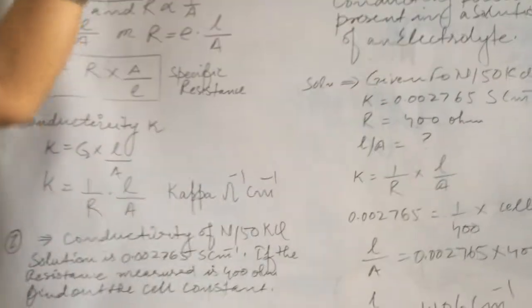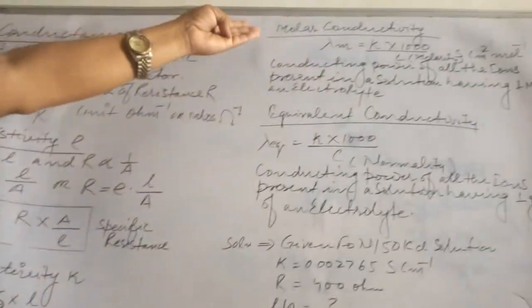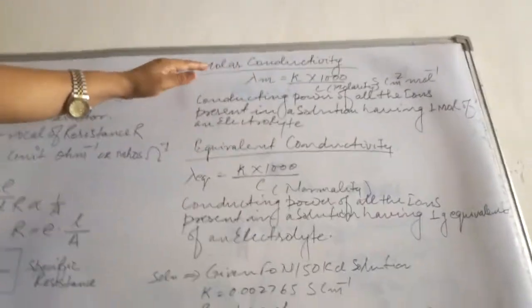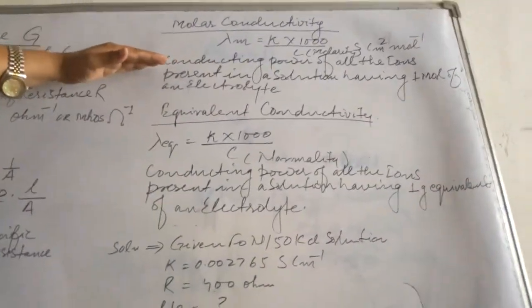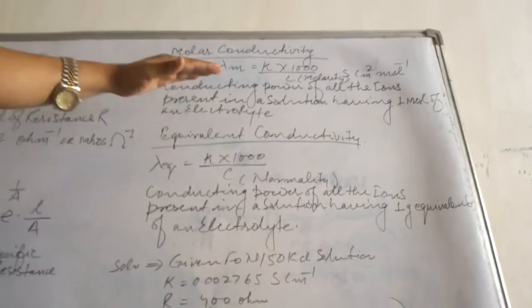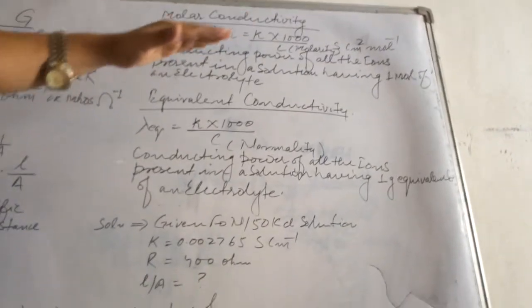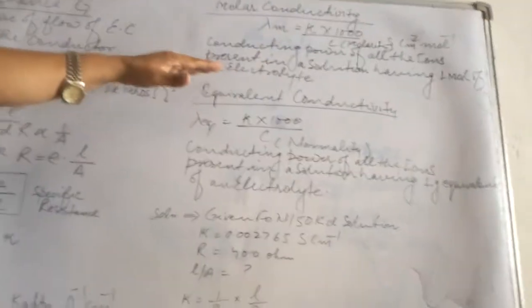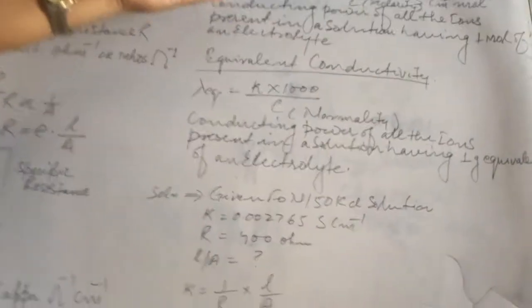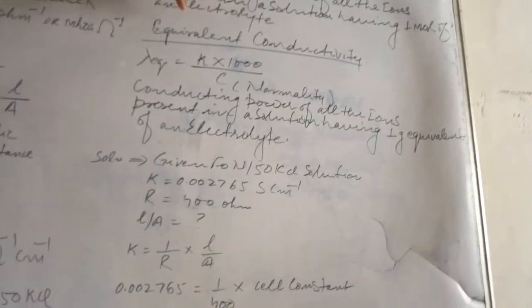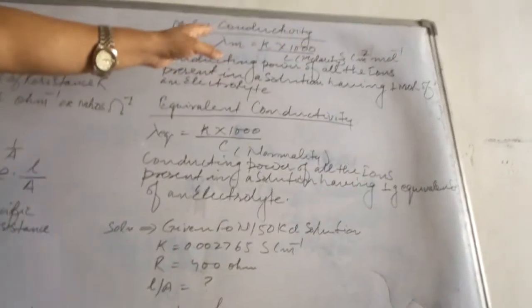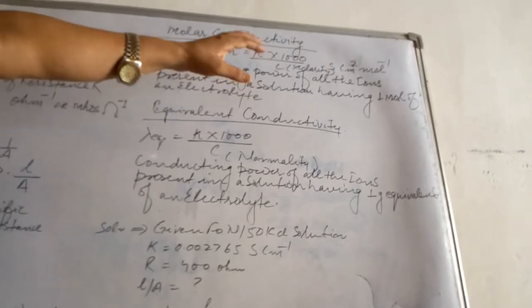Now children, two more terms which we have to discuss: molar conductivity and equivalent conductivity. Molar conductivity is the conducting power of all the ions present in a solution having 1 mole of electrolyte, and this is formulated as lambda m is equal to kappa upon C, where C is the molar concentration.